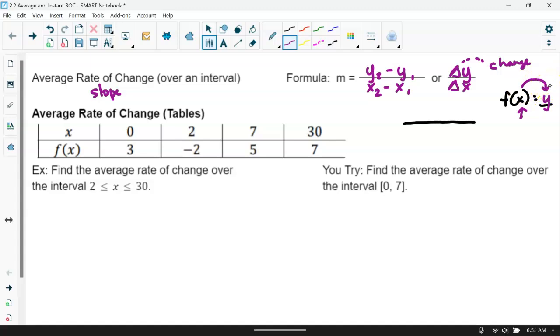Again, we're talking about the distance between 2 points. Let's say the values are A and B, just two values on the grid.